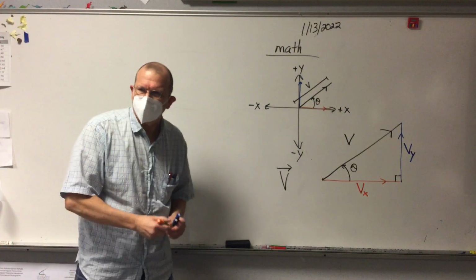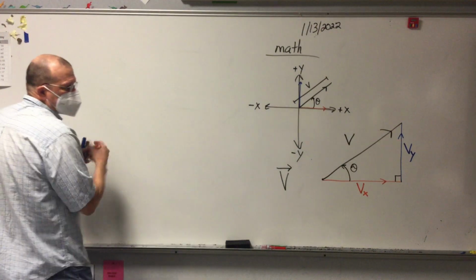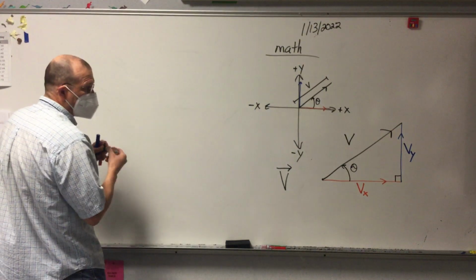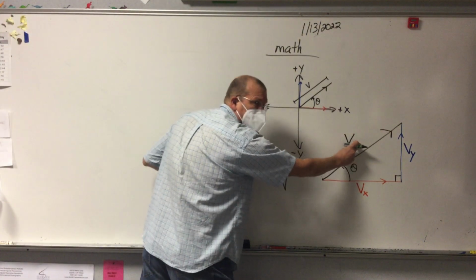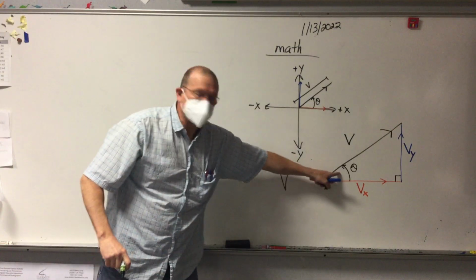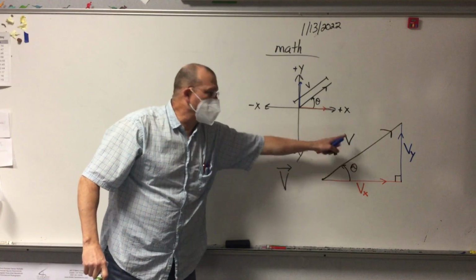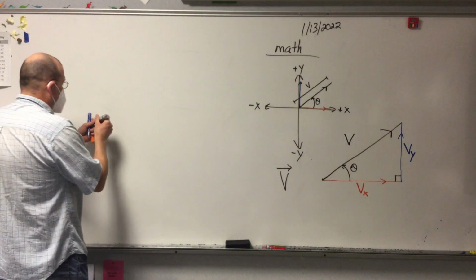We'll get to that later. We're supposed to find what Vx is. We would look at that and say, since it's a right triangle, V is the hypotenuse, Vx is the adjacent side to this angle, and therefore cosine relates those two to each other.